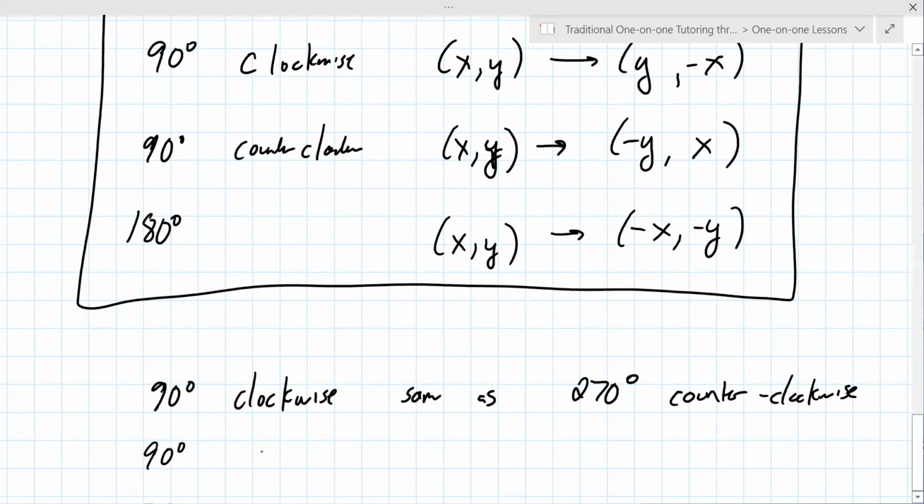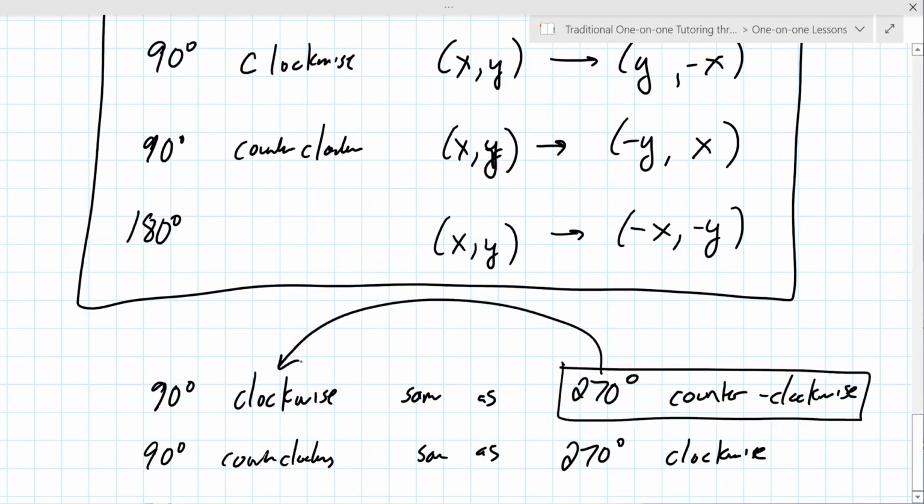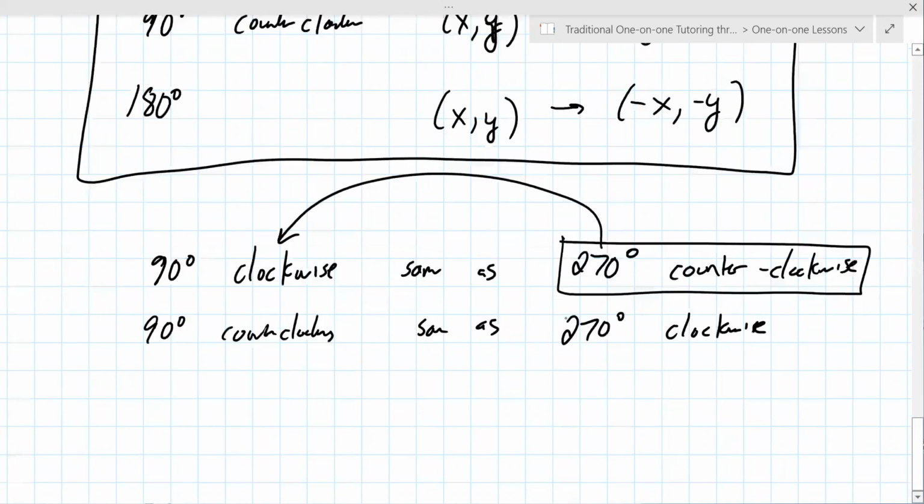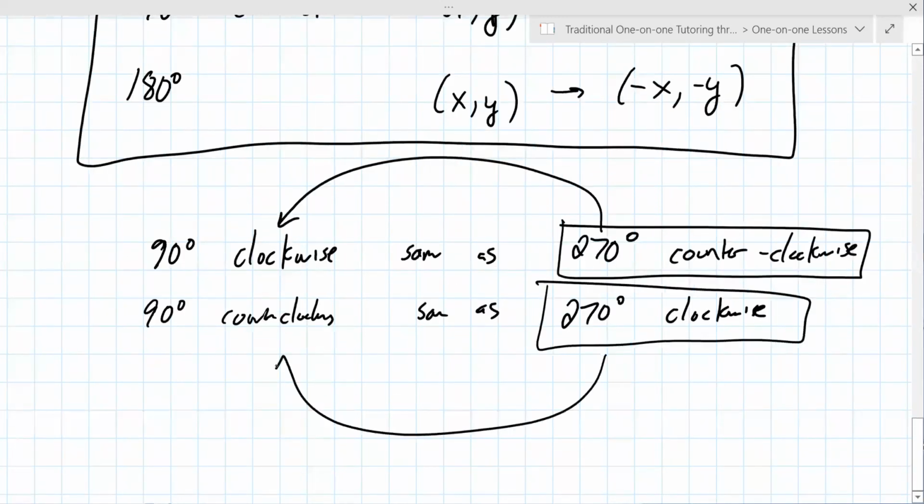And then 90 degrees counterclockwise is the same as 270 degrees clockwise. So the idea is if they give you the 270, you go back to the one that you know. If they give you the 270 clockwise, you go back to the 90 degrees counterclockwise.